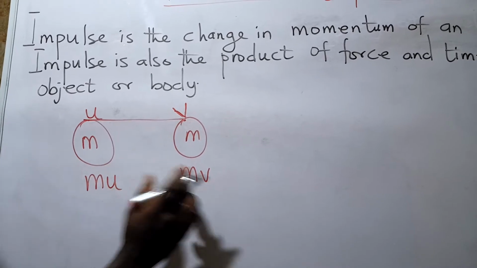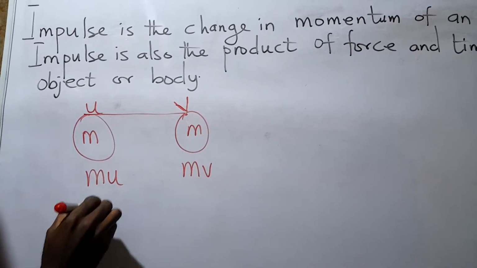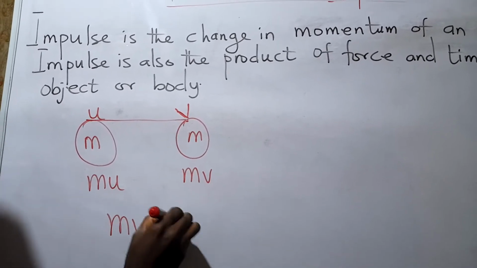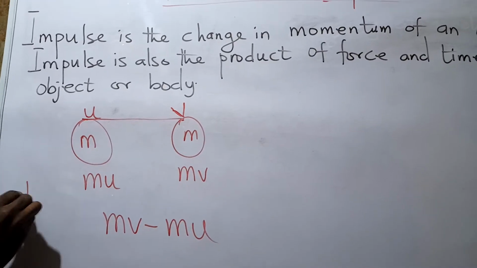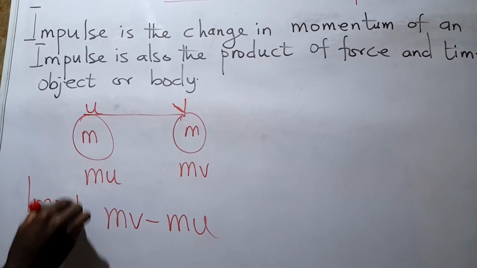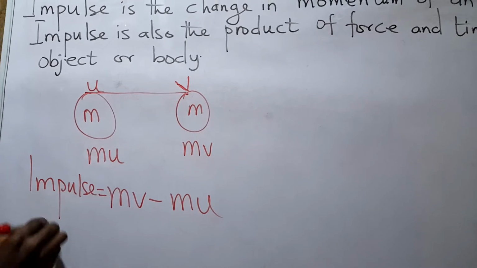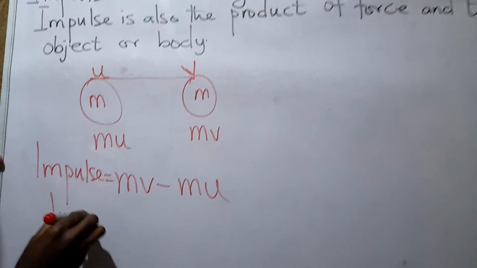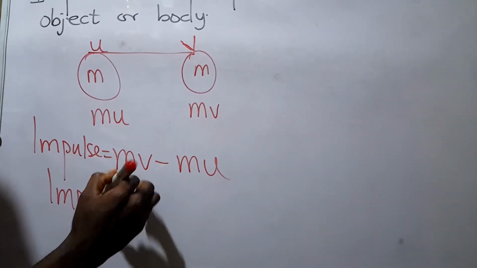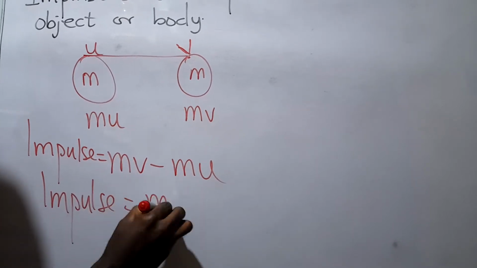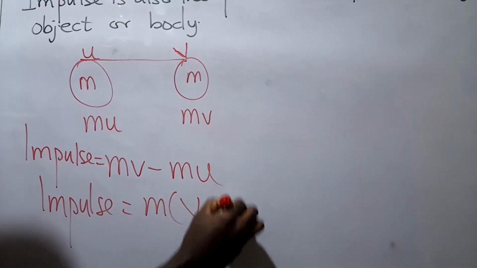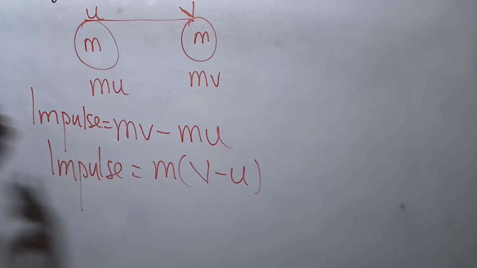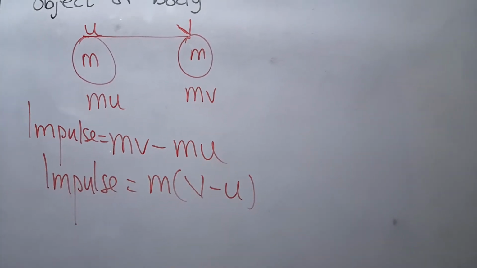So the change in momentum, that's mv minus mu, becomes impulse. So we say impulse is equal to, we can factor out m, then we have m times v minus u. So impulse is just the change in momentum.